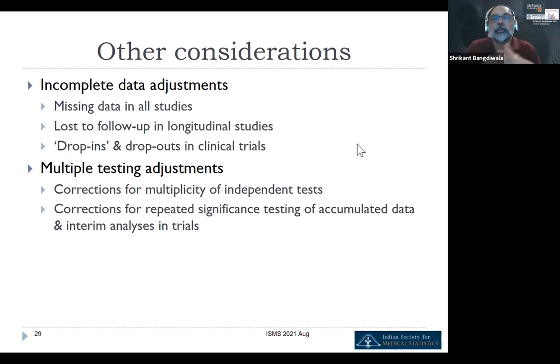So that's going to affect the analysis, or multiple testing adjustments, corrections for multiplicity of independent tests, or if we do repeated significance testing of accumulated data, and we'll talk about that in a second.